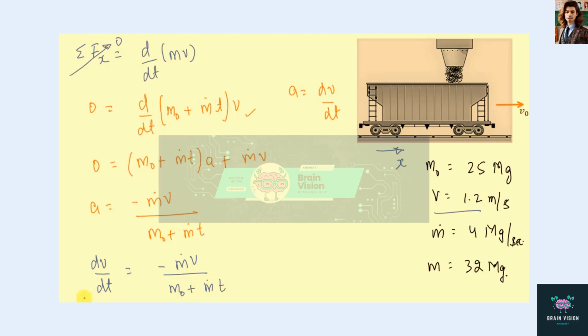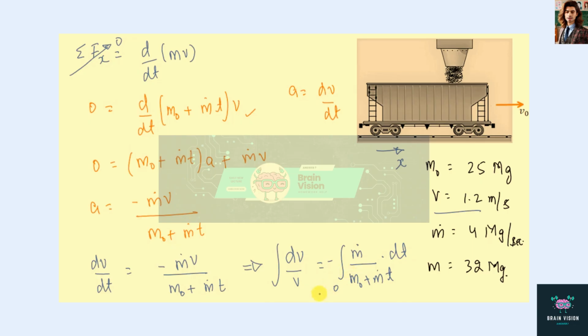Now we can take v to the left side and t to the right side. So dv over v equals negative m dot divided by m naught plus m dot times t, dt. Now we can integrate both sides.